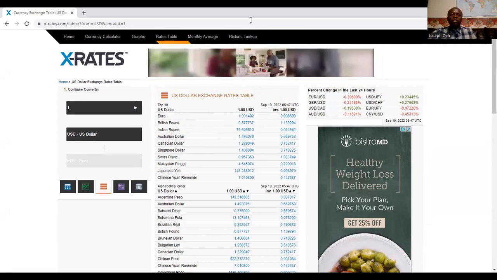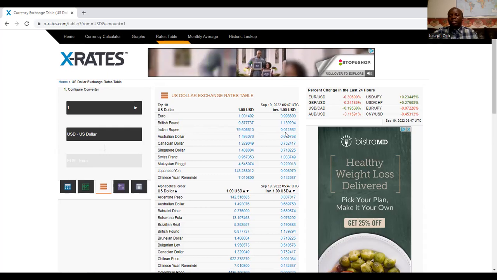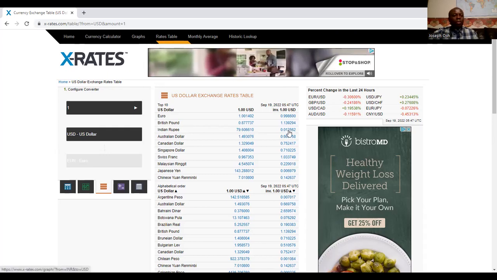So that is the exchange rate of the currency at that particular point in time. Otherwise, you can see that 1 Indian rupee can buy approximately 1 cent. Hope this screen is big enough.